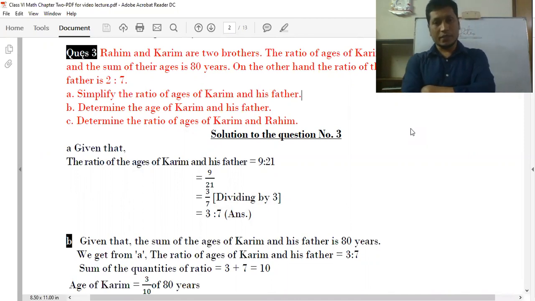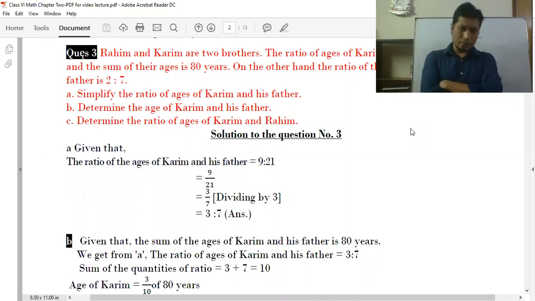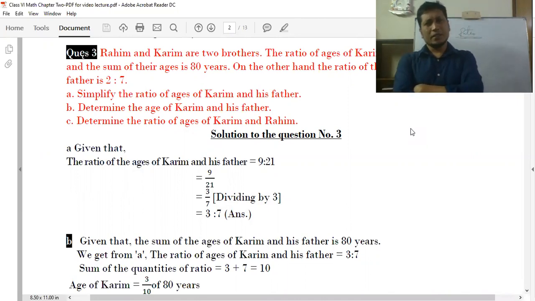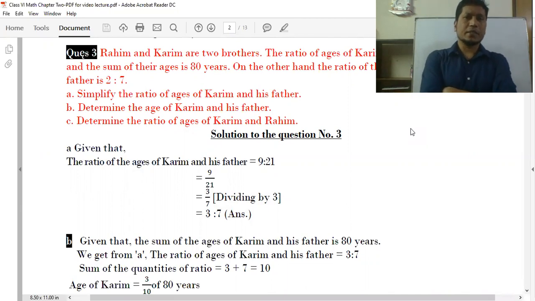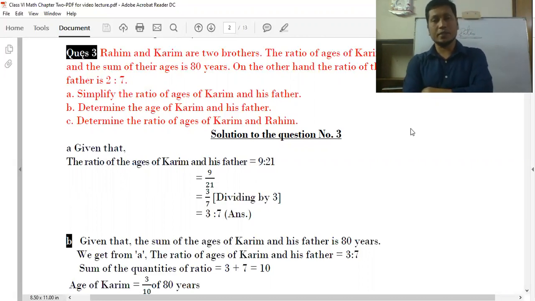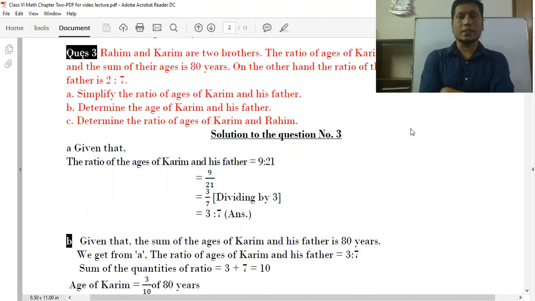You have to first understand what the stem says. It says Rahim and Karim are two brothers, and the ratio of the ages of Karim and his father is 9:21. Their ratio is given, and their sum is given, 80 years. You know, if the sum and the ratio are given, we can separate the quantities.